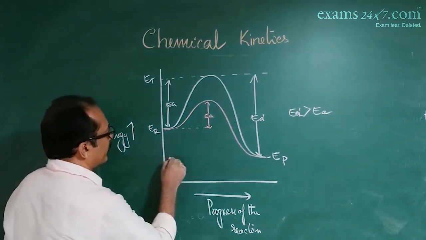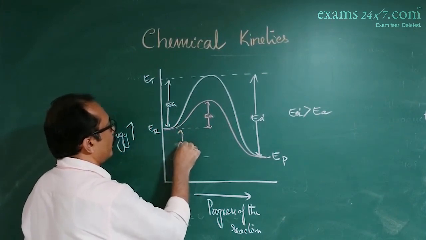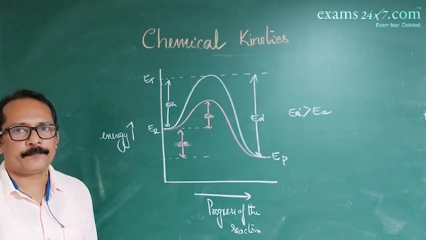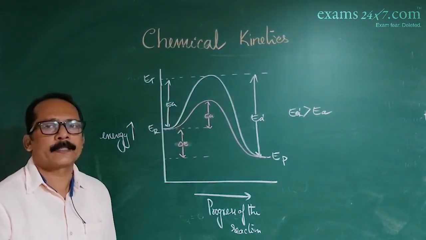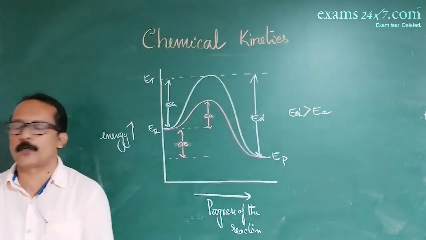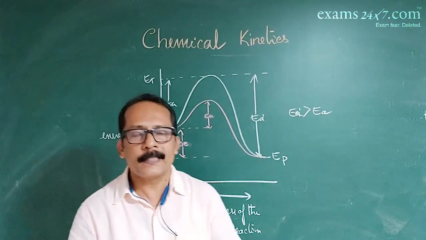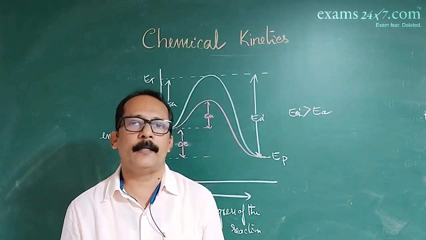And this difference gives enthalpy change, delta E, or we can calculate delta H. And this diagram is also called the energy profile diagram. So this is about reaction kinetics or chemical kinetics.